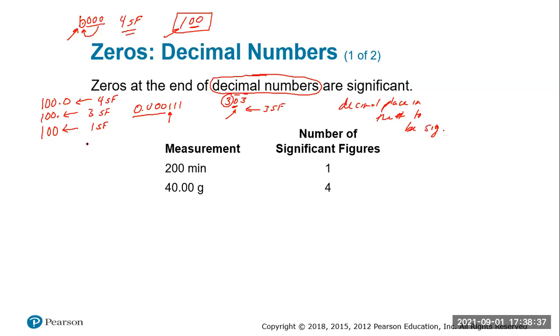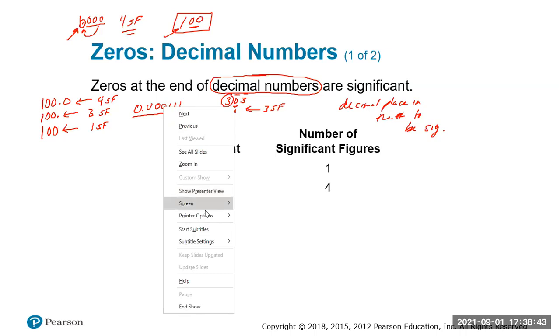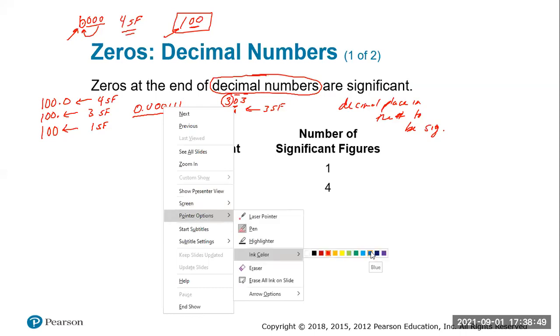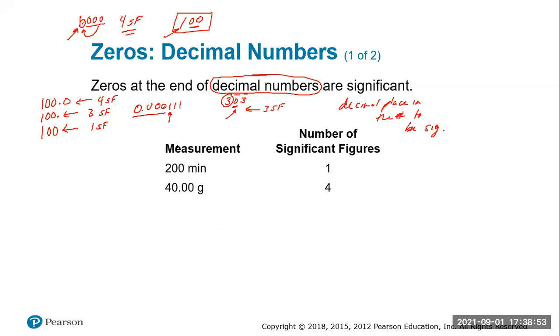Now, when we talk about recording all the certain numbers and that first uncertain number when we take a measurement, the idea is that the uncertain value, sometimes referred to as the estimated digit, is not necessarily always the last digit that's written, but it is the last significant figure.